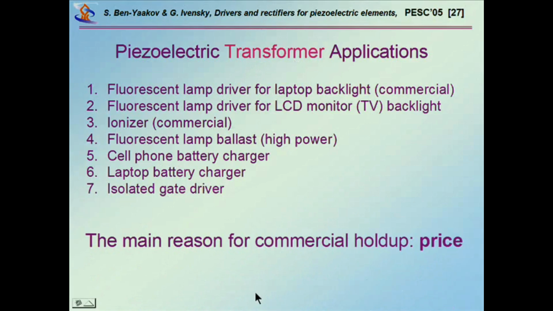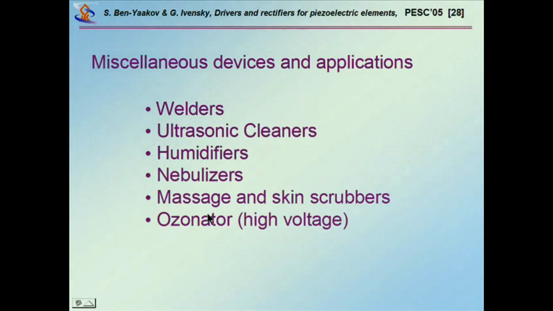And when you compare it to an alternative and you find out that the alternative is still a lower price in sensitive areas like lighting, then, of course, the piezoelectric solution has to wait until the price will be proper. Then there are many other applications which I'm not going to go into, just to mention. There are welders, cleaners, of course.